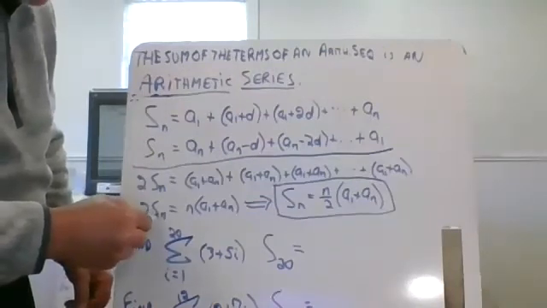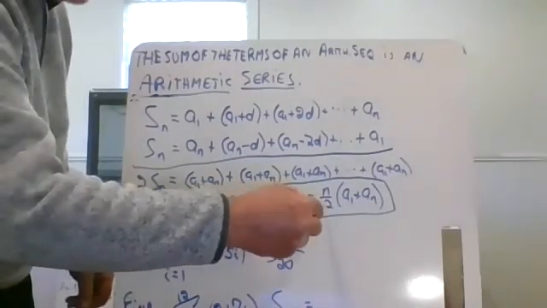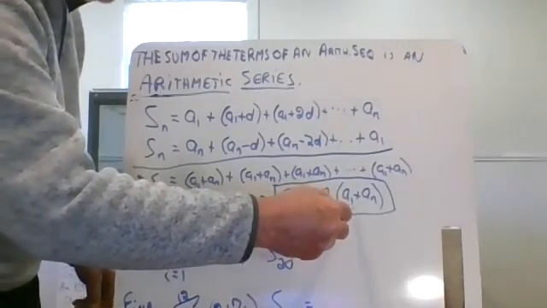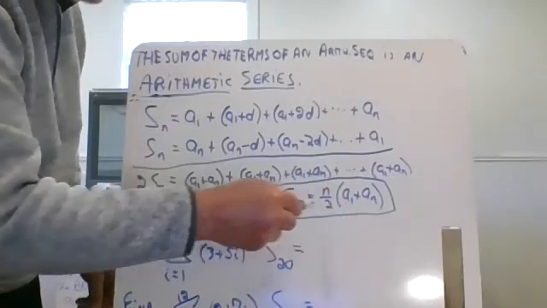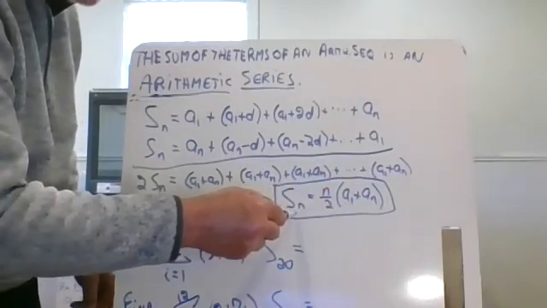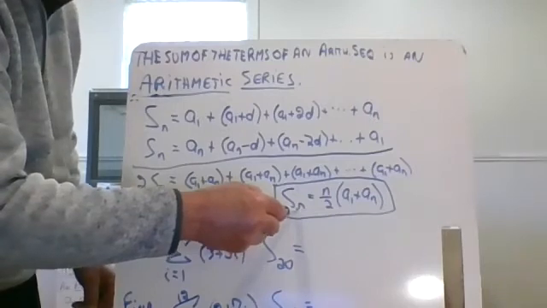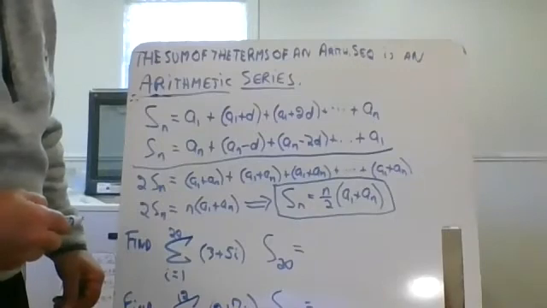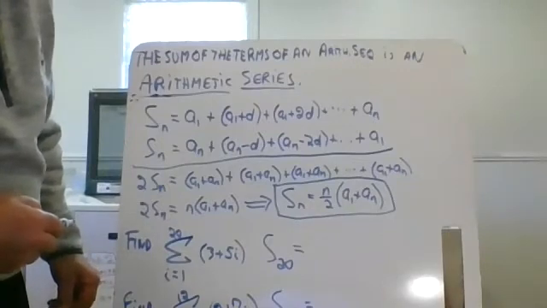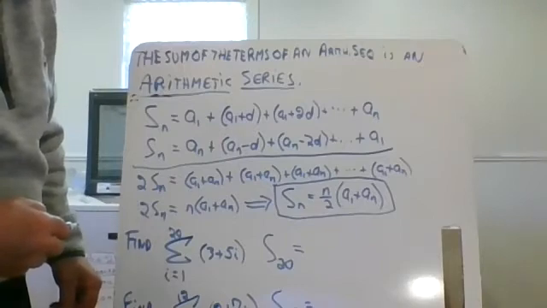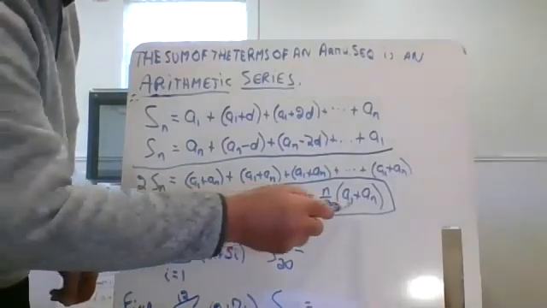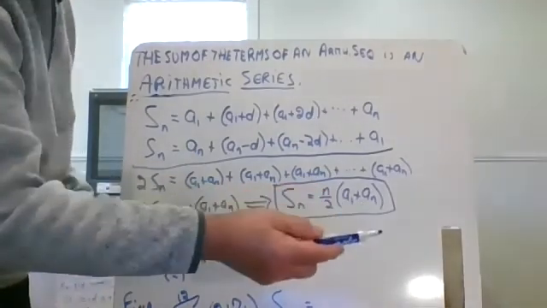So your S sub n must be n over 2 times (a sub 1 plus a sub n). And that's the formula for the sum of an arithmetic series. Your S sub n equals n over 2 times your first term, a sub 1, plus your last term, a sub n. Now the book writes it and puts the 2 over here. Same thing.